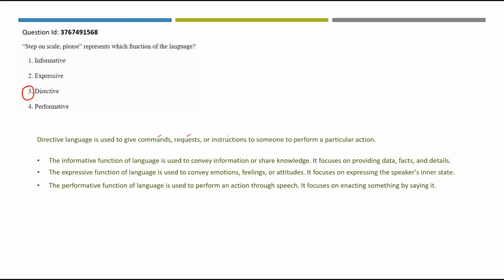Here they are just placing a request in the question. It's nothing about emotions. It focuses on expressing the speaker's inner state. What about performative function? It is used to perform an action through speech. It focuses on enacting something by saying it. It's not about requesting it or not about commanding it. It is performing some kind of action.